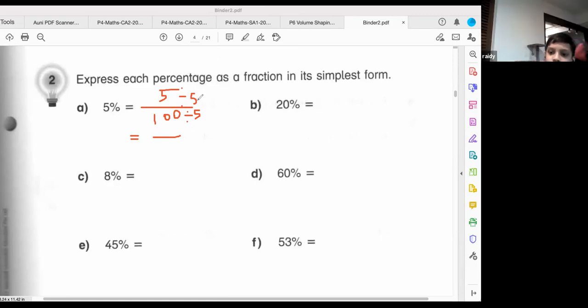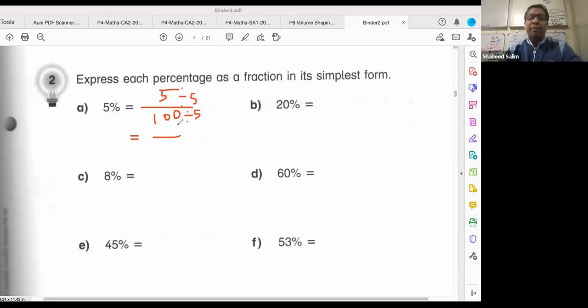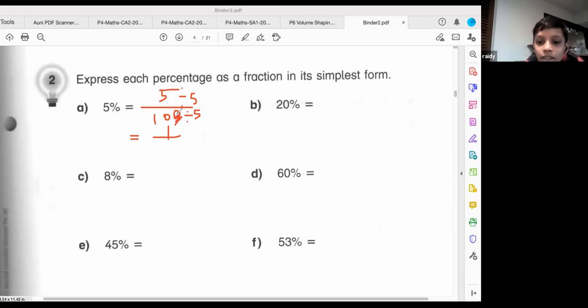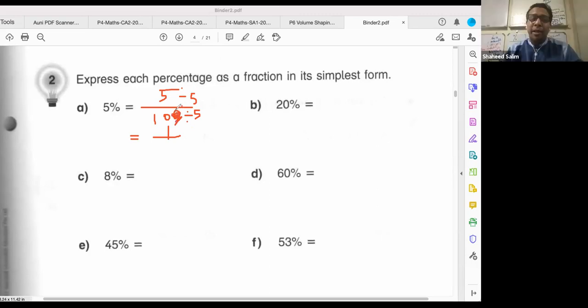Those of you who do not know, 5 divided by 5 is 1. For this one, imagine there's no 0 here. 10 divided by 5 is 2. But remember, there is actually a 0 behind here, so put the 0 back. So it's 1 over 20. What about the next one?